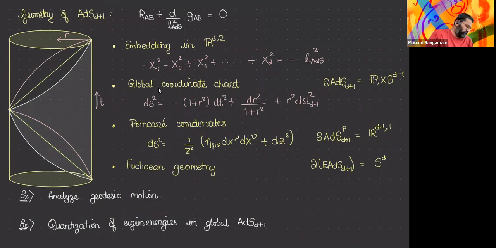What else do I want to say about this? Yeah, so if you haven't done this exercise, then I do urge you to go through figuring out how these coordinates are obtained from the embedding, and also analyzing the geodesic motion to convince yourself that, for example, light rays propagate across the AdS spacetime in finite global coordinate time.